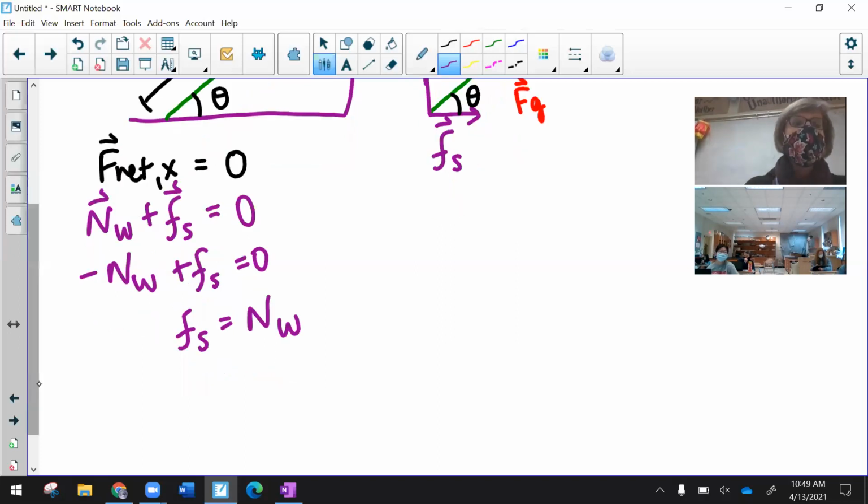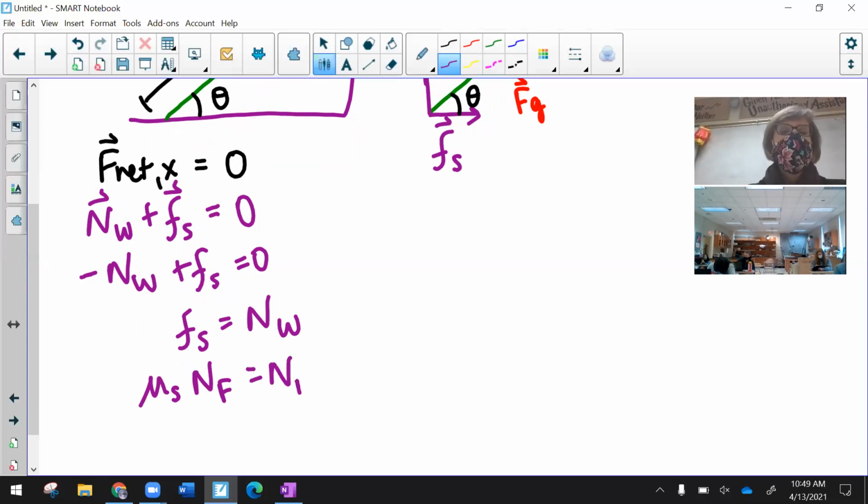So it's going to be okay to use Annabelle's formula, mu s N, when I'm writing down the formula for the static friction force. Now note that the normal force that I use is the normal force at the point where the ladder is touching the ground, where the friction force is. So that normal force is N_F. It's not N_W.